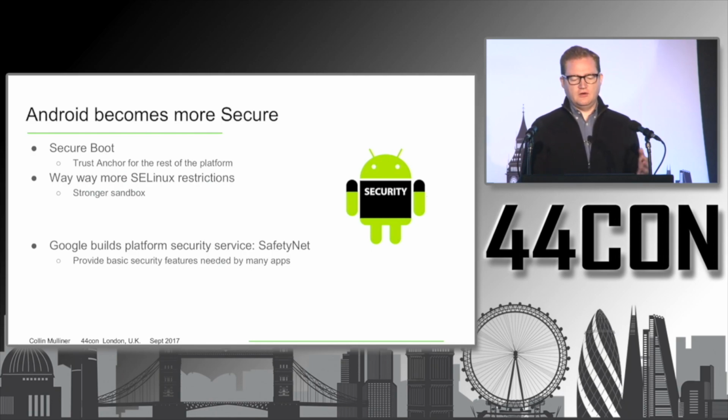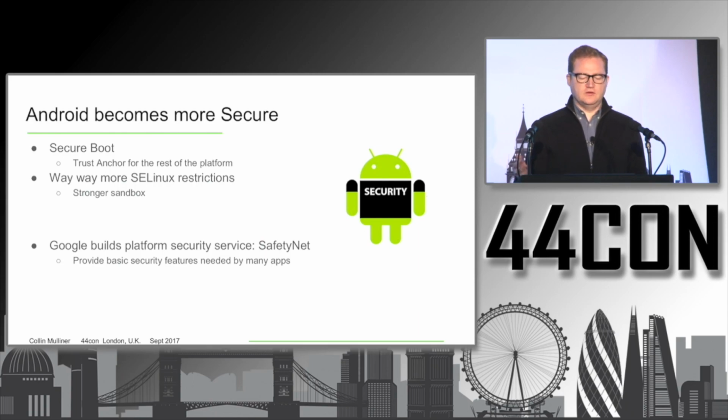So SafetyNet and all of Android security relies on something called Secure Boot, which you also have on other platforms. It's basically you just make sure you're only executing trusted code by verifying signatures of the kernel and your file system during boot up. And then you have stuff like SELinux restrictions for building sandboxes.